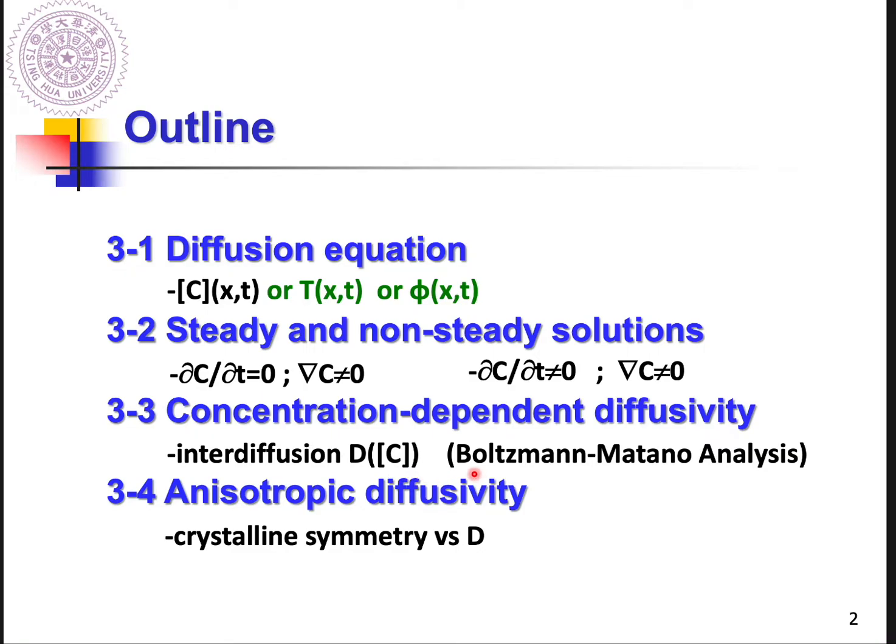So we are going to introduce a Boltzmann-Matano analysis. At the end of this chapter, we are going to show you, if the material system we're dealing with is an anisotropic structure, how can we modify the diffusivity? So we are going to tell you the relationship between the crystal symmetry and the diffusivity.